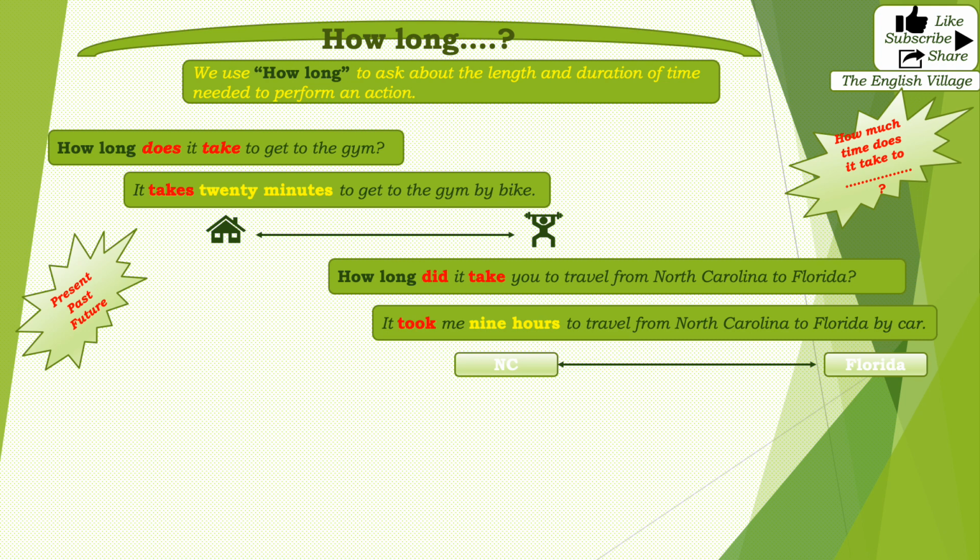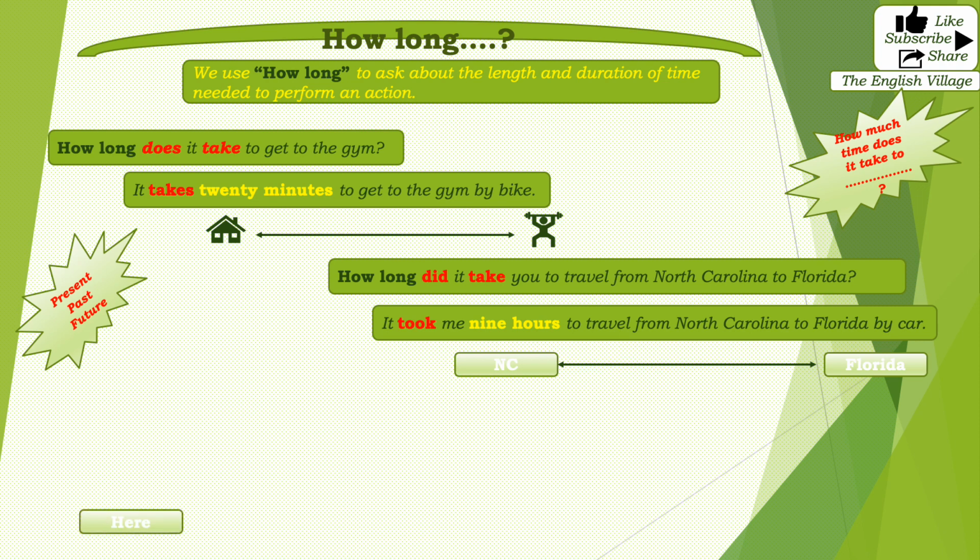So 9 hours is telling us the duration of time that it took me to travel between these 2 points. Remember, we are not asking the distance, because to ask distance we don't use how long, we use how far.